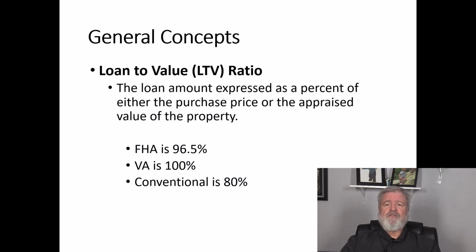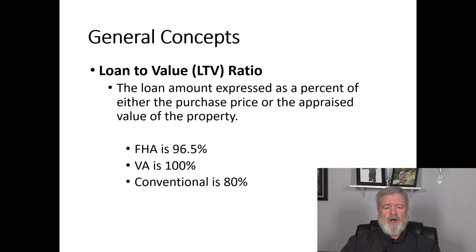And then there's the conventional loan, and the loan to value for conventional is 80%, which means you would have to put 20% down. I know some of you are thinking, well, that's not always the case. Well, just hold your fire there. We're going to break this down a little bit more and explain why these are what they are. But you need to know this for test purposes.